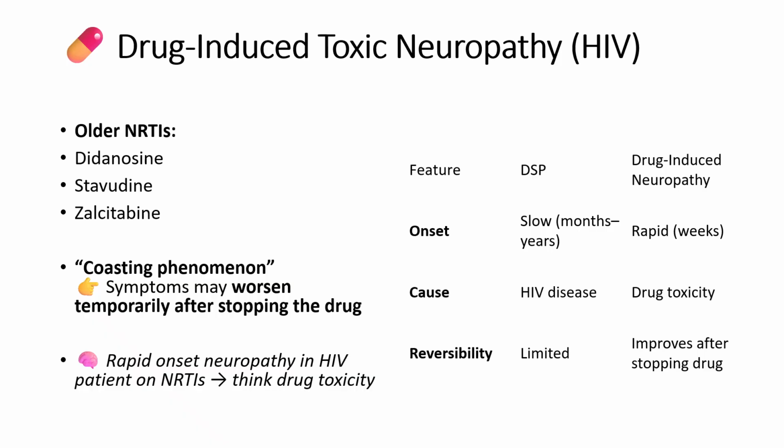Comparing drug-induced neuropathy with distal sensory polyneuropathy: in distal sensory polyneuropathy onset is slower, cause is HIV virus, reversibility is limited. In drug-induced neuropathy onset is rapid, cause is drug, reversibility improves after stopping the drug.